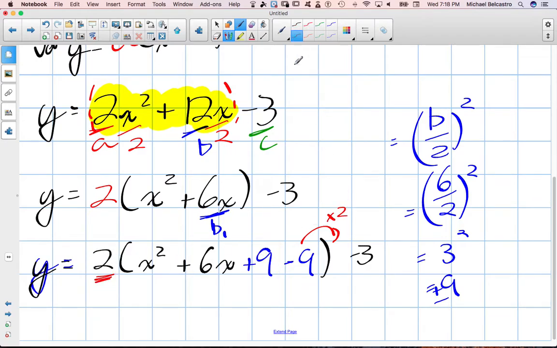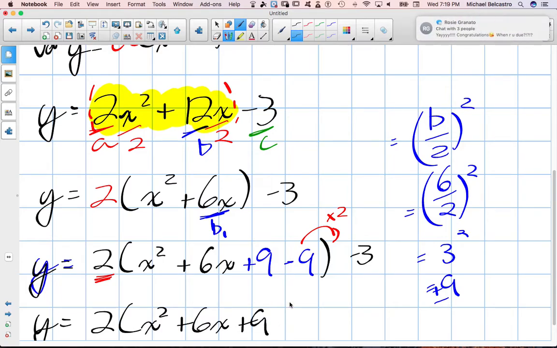So we're going to multiply -9 times 2. So our next line is going to read, everything else is the same, 2x squared plus 6x plus 9. And then outside the brackets, -9 times 2 is going to be -18, and we still have -3.